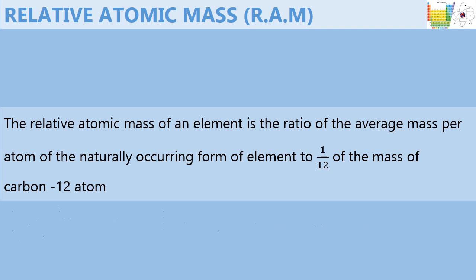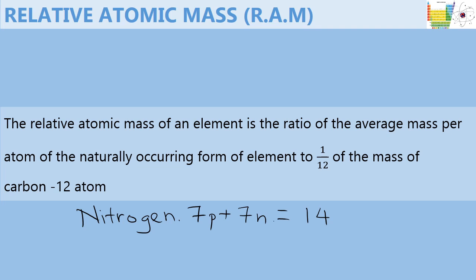For example, when you're talking about nitrogen, the mass of nitrogen would be calculated as follows. You would say that nitrogen has 7 protons and 7 neutrons, giving us a mass number of 14.